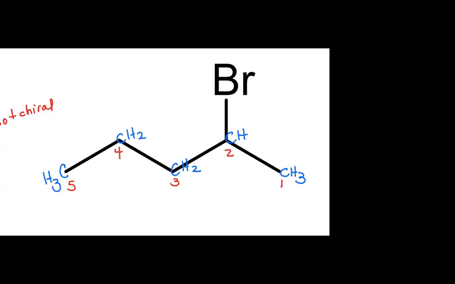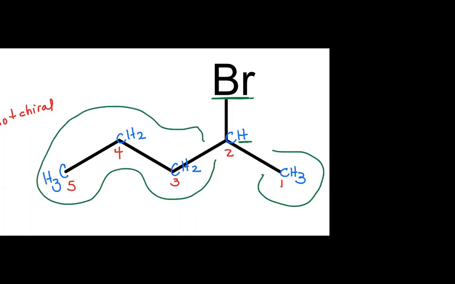Let's look at carbon 2. Carbon 2 is bonded to hydrogen, bonded to bromine, bonded to this area of the molecule, and bonded to all of this. Carbon number 2 has 4 different groups around that carbon atom.